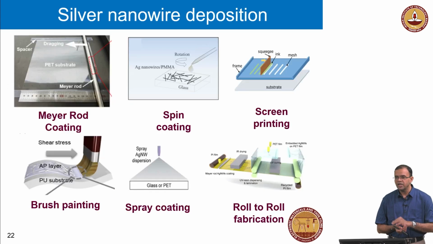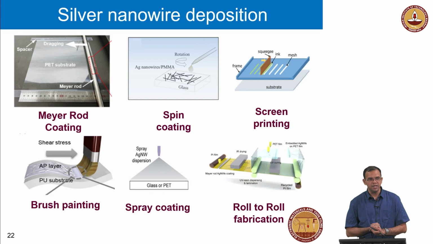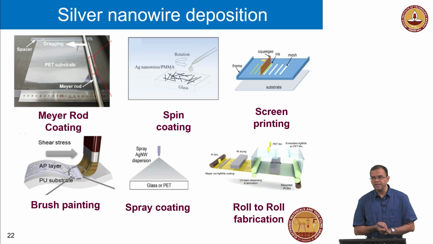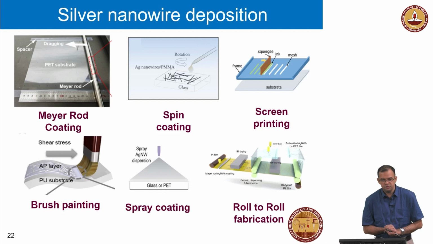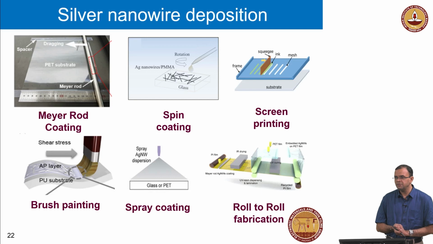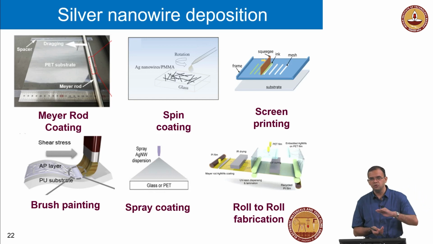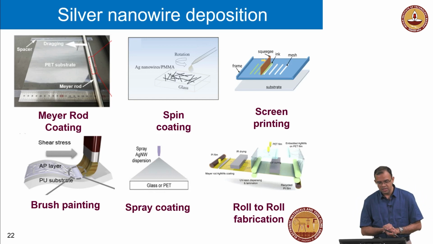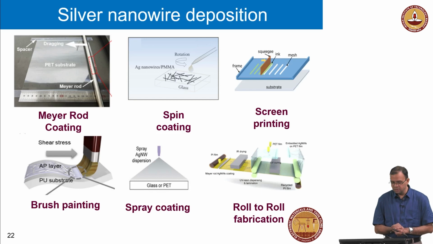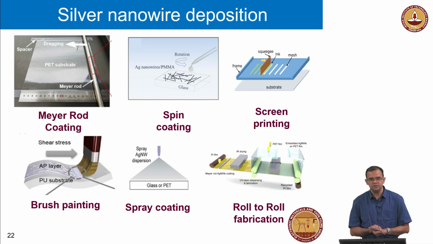Once you have nanowires, how do we essentially deposit them? Because I need to get them on a substrate so that I can make a device. There are various techniques that people use to get uniform films. These are rod coating, and spin coating is something that's very commonly used.